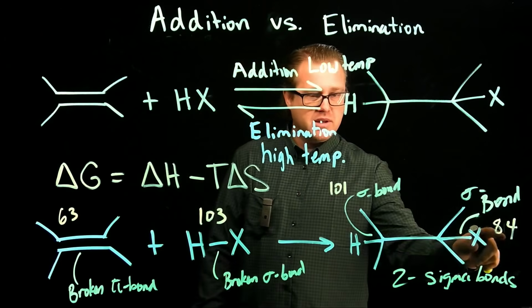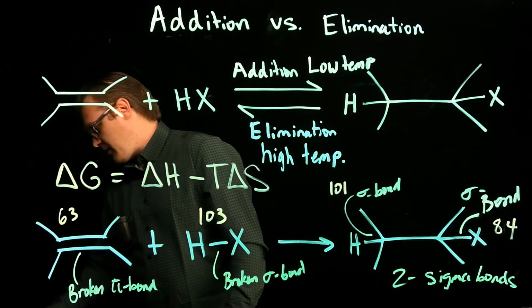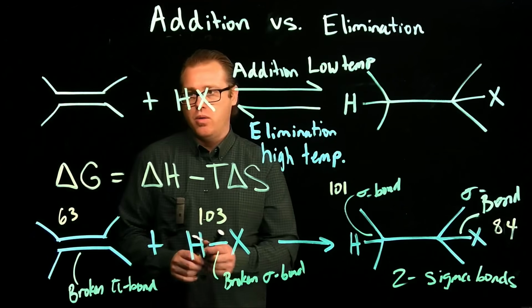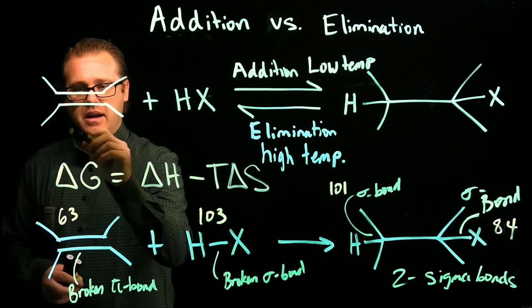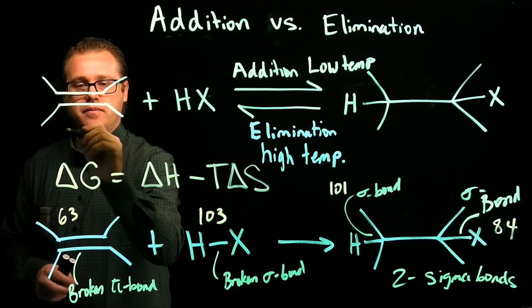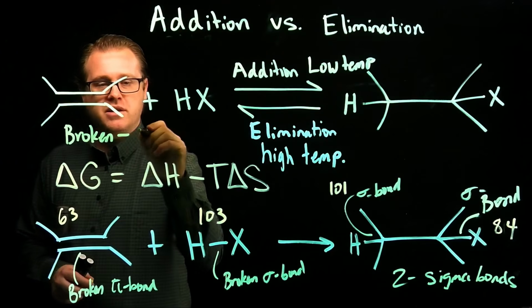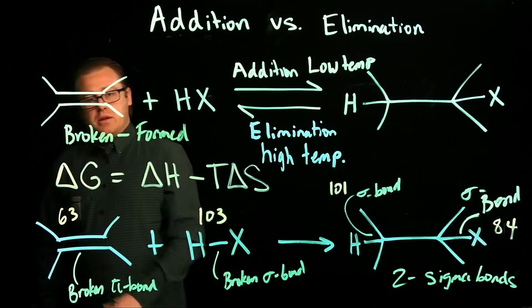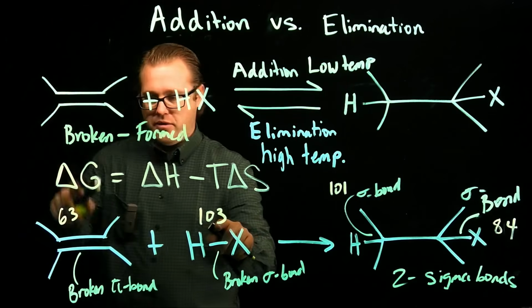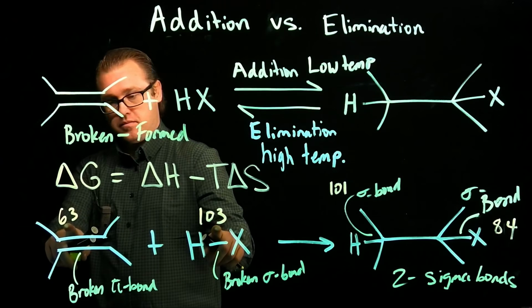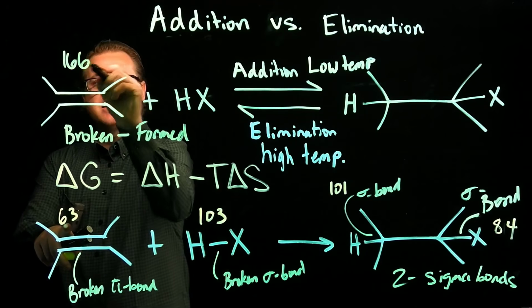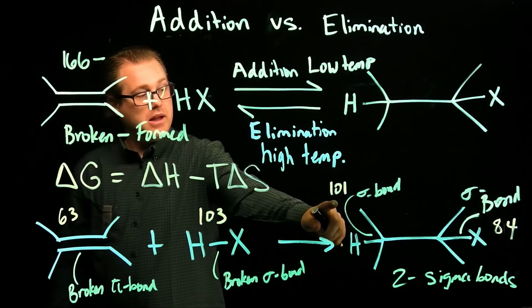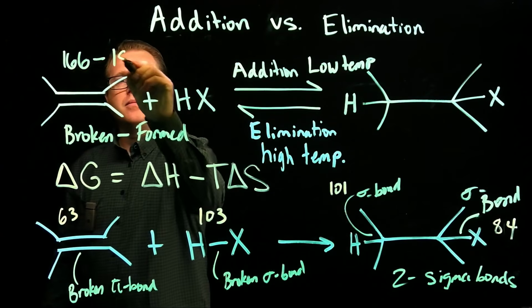I actually misspoke. To calculate the delta H, or the enthalpy, it is bonds broken minus bonds formed. So bonds broken here, 103 plus 63, is 166 kcal per mole, minus the bonds formed, 101 plus 84, which is 185.